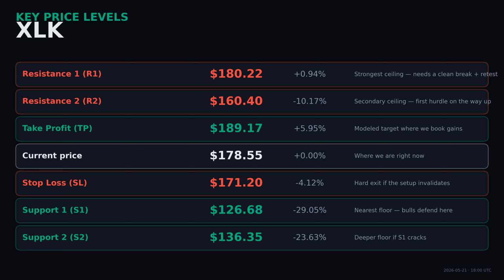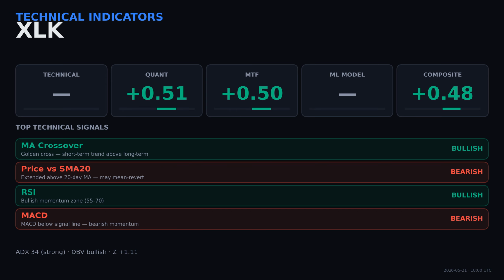On to the indicators. We've got composite score of plus 0.48. Positive numbers lean bullish, negative numbers lean bearish, and what you're really looking for is agreement across multiple boxes, not just one indicator screaming. ADX is at 34, and that tells us we're in a strong trend regime.